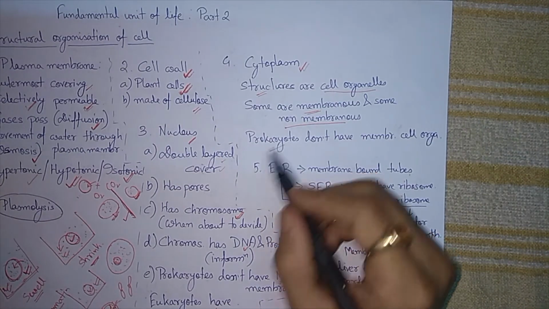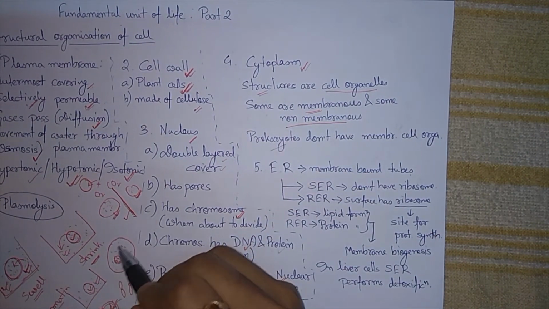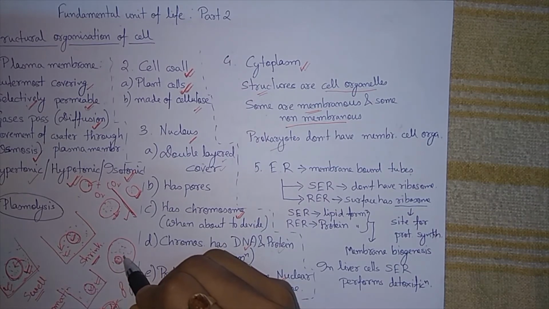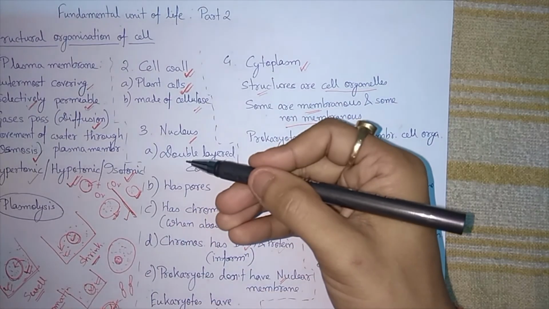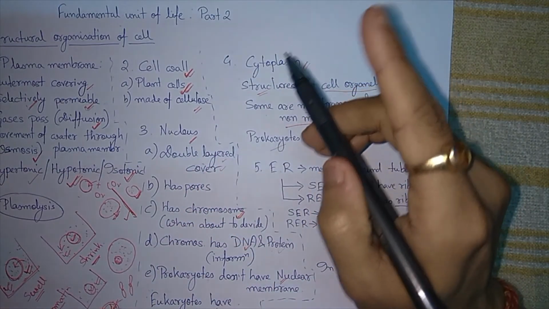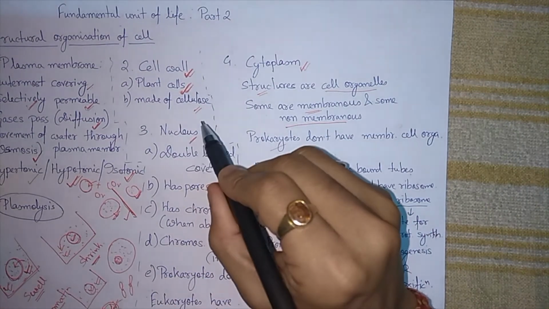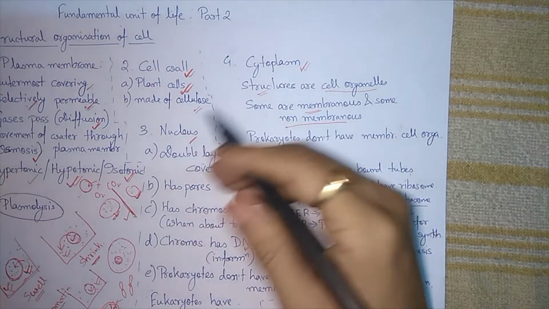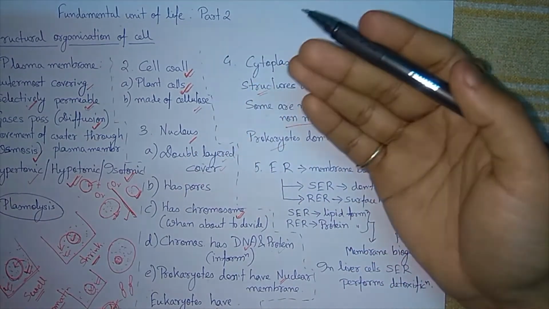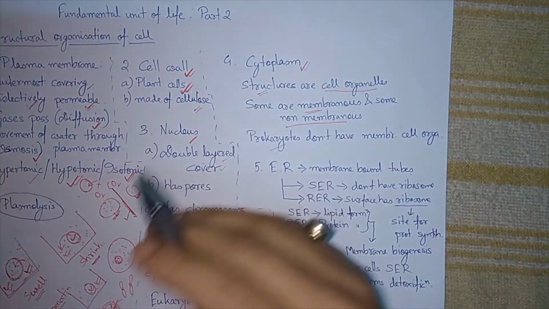In case of prokaryotes, naturally they do not have the nuclear membrane and they do have the cell organelles but without membrane. Those cell organelles which have membrane cannot be found in prokaryotes. Only cell organelles which do not have membranes can be found in prokaryotes.